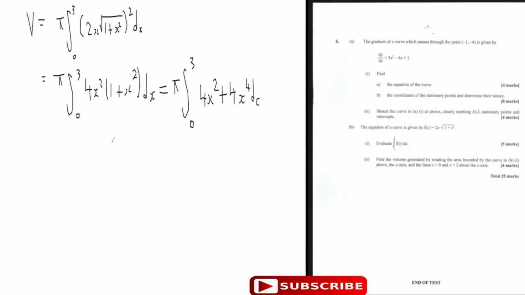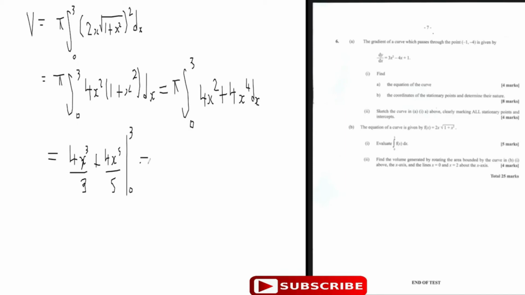Alright, and now I'm able to integrate by adding 1 to the power to get 4x cubed over 3, plus add 1 to the power to get 4x to the 5th divided by 5, and I'm integrating from 0 to 3.